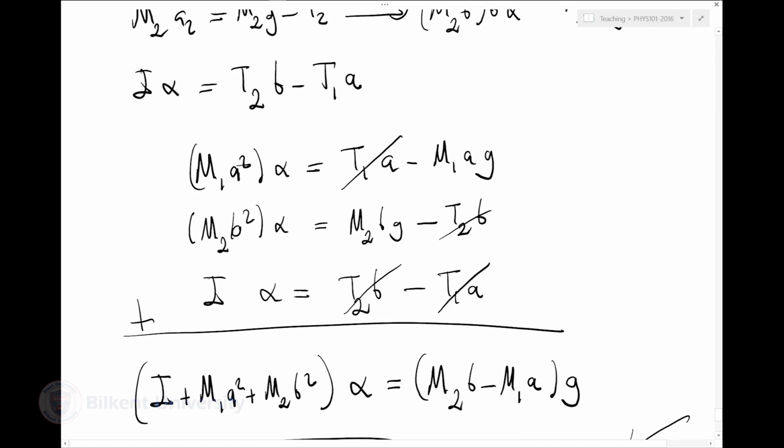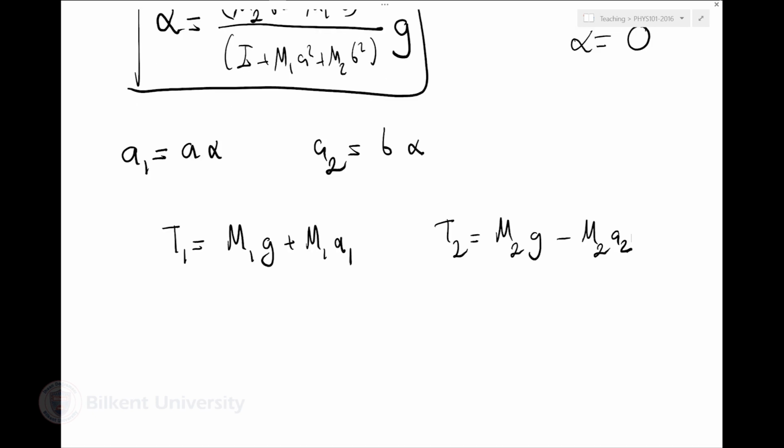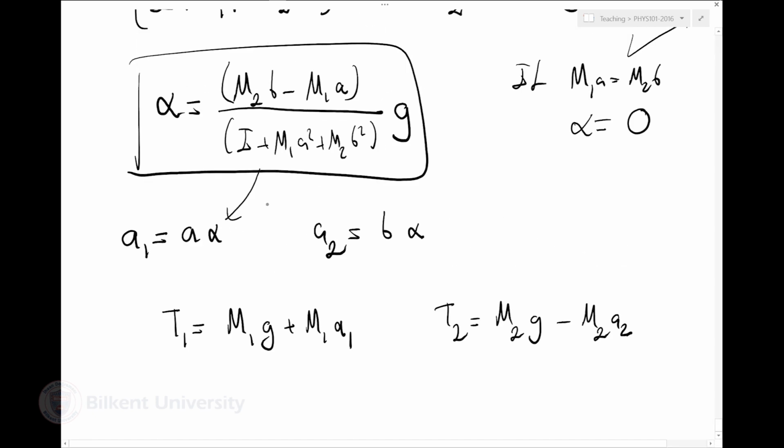And T2 would be m2g minus m2a2. Right? You can actually plug in, now that I found alpha. I'll not lose time doing this plugging in, but you can find all as quantities.